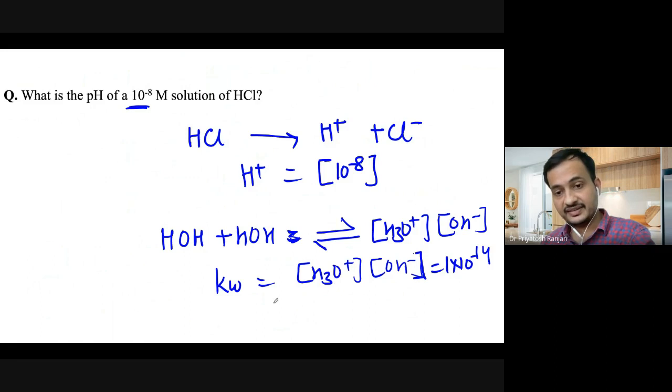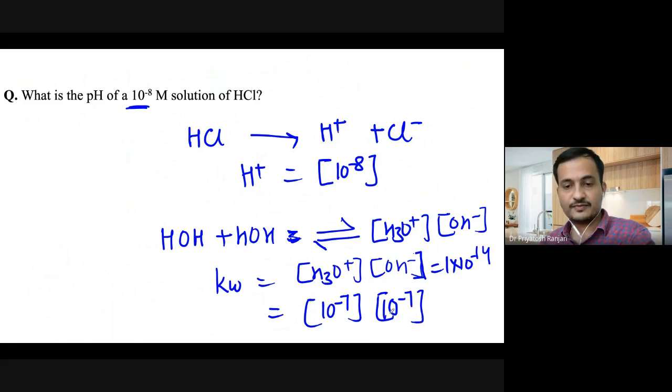In this case, the concentration of H3O plus is going to be 10 raised to the power minus 7, and so is the hydroxide ion concentration, which is 10 raised to the power minus 7. So in this particular case, it's not a right idea to neglect the contribution of hydronium ion coming from the autoionization of water.